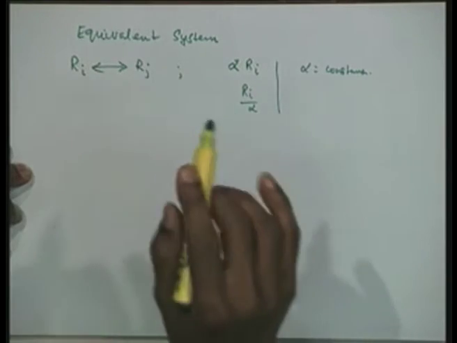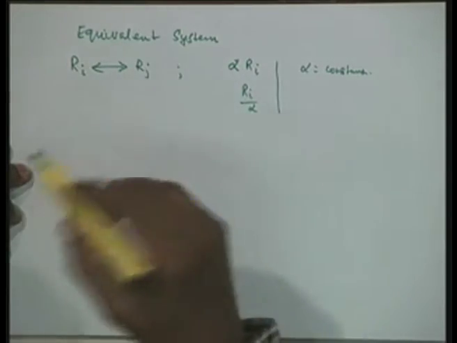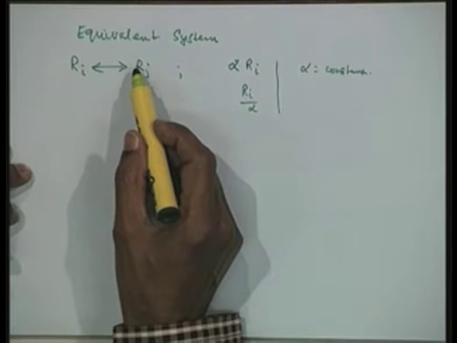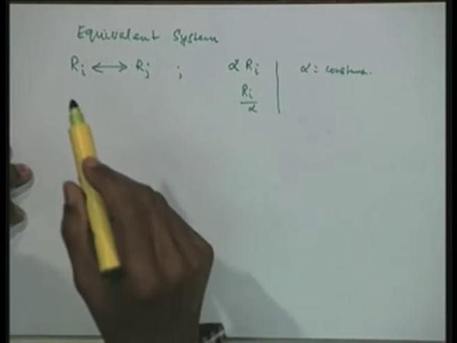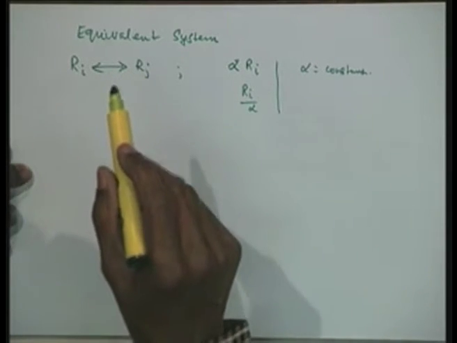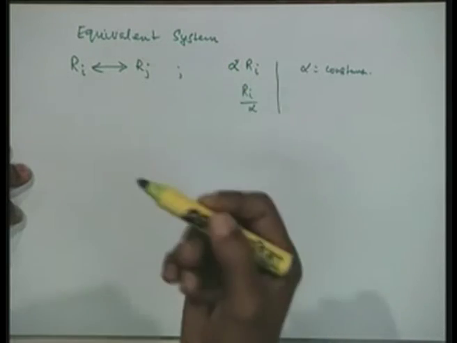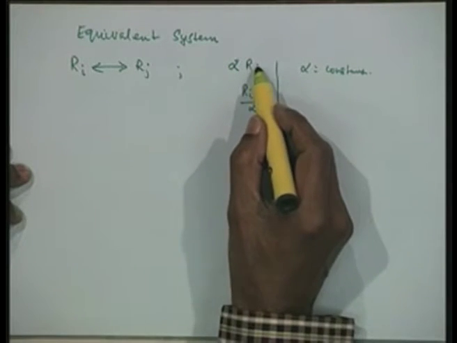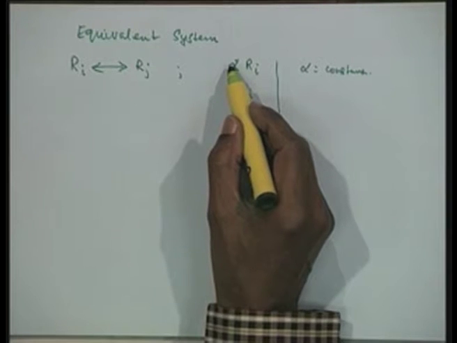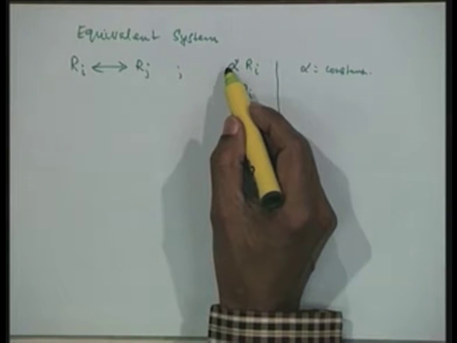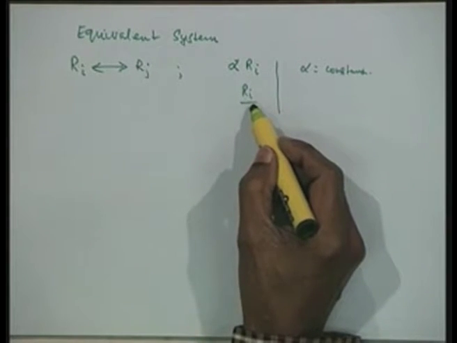For example, if you are talking of the determinant, if I interchange two rows, I know the value of the determinant gets changed by a minus sign. So, such interchanges will make the value of the determinant of a different sign possibly. Similarly, if I multiply a row by alpha, the determinant gets multiplied by alpha, or if I divide a row by alpha, the value of the determinant also gets divided by alpha.